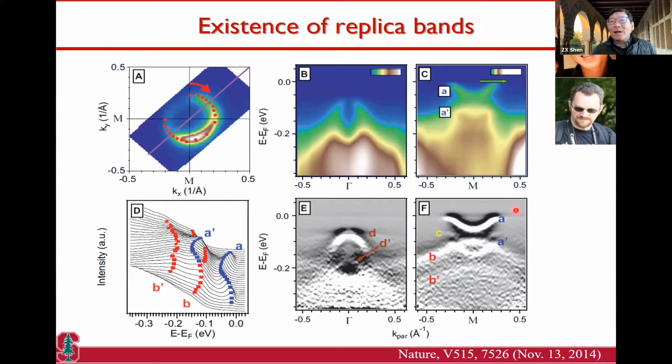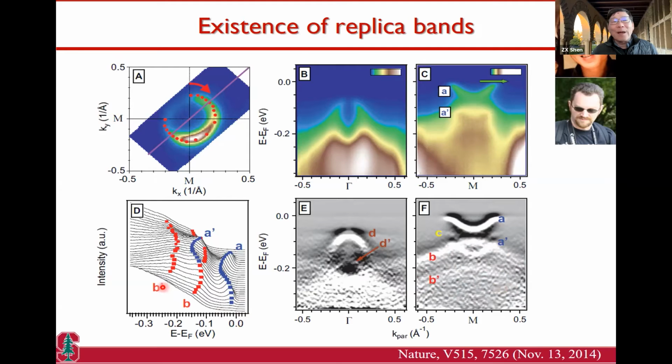Now, to enhance that, you can do a second derivative. You see the original band A, and you see its copy A prime. Here you can also see a band B, and its copy B prime. And you will say, well, where is it? It's so noisy. When in doubt, go back to the original data. You may question whether there's another feature here.